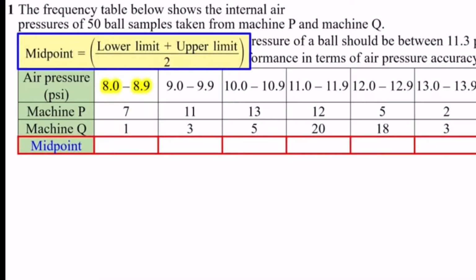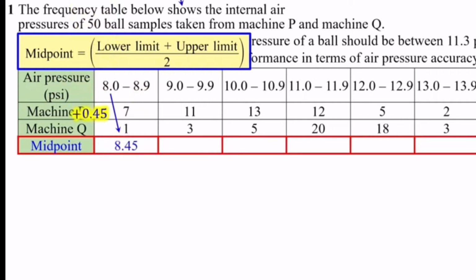Okay, so 8.0 to 8.9. The midpoint is lower limit plus upper limit divided by 2. So we get 8.45. So from 8.0 plus 0.45, we'll get 8.45.